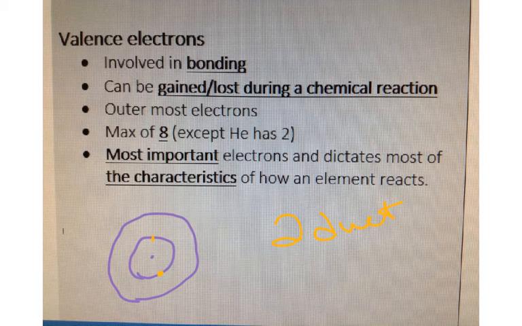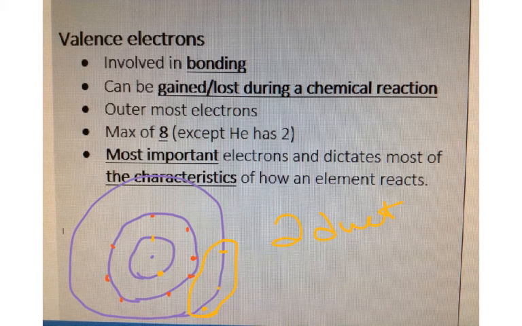Then if we look at the second energy level and every energy level after that, it can hold up to 8 electrons. So we've got 1, 2, 3, 4, 5, 6, 7, 8. Okay, so it can hold a max of 8. After it has 8, then you would have to add another energy level, and that too can hold up to 8.